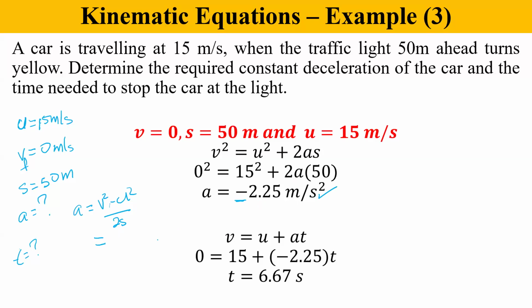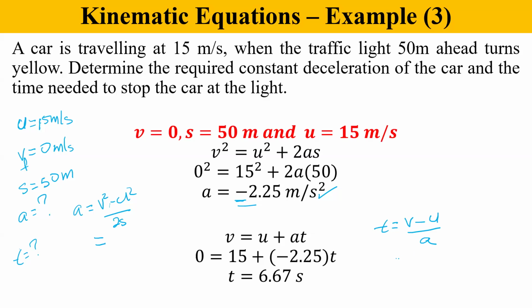And then now you similarly want time from the second equation. So you know that T is going to be equal to V minus your initial velocity, divided by your acceleration. And now you have your acceleration from up here and you notice it's minus, so you put it in, right?